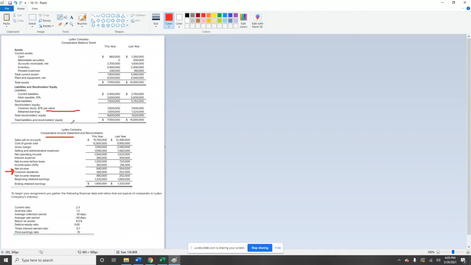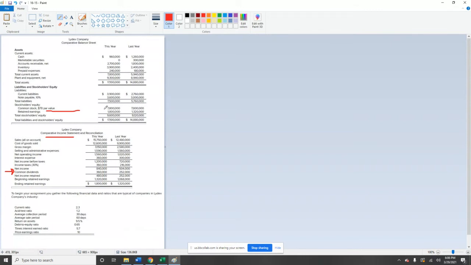In this problem, one of the assumptions I'm supposed to make as we compare this company's financial statements is that common stock hasn't changed over the last 2 years, right?